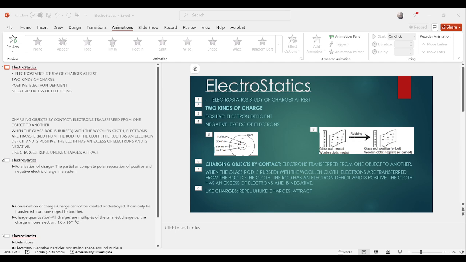So if you get a number which is more than that, it means you have more than one electron. So let's say we have a charge of 3.2. How many electrons do we have in that system?